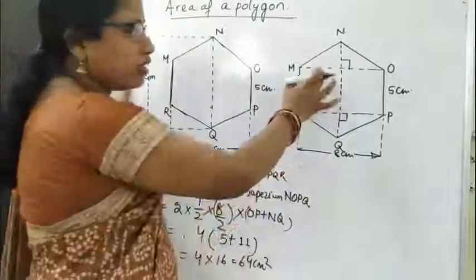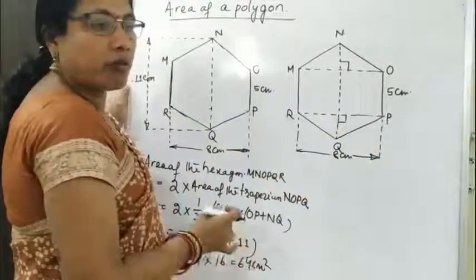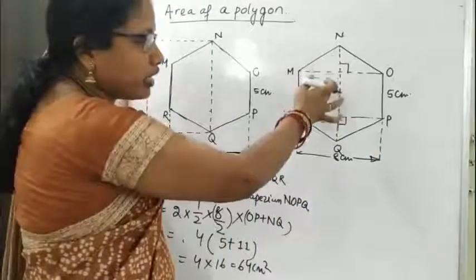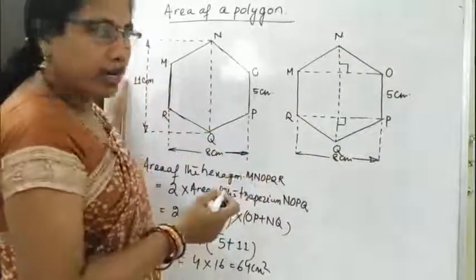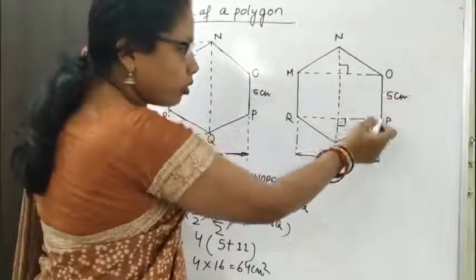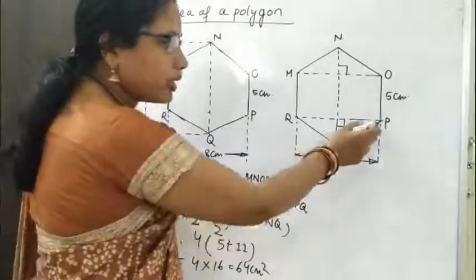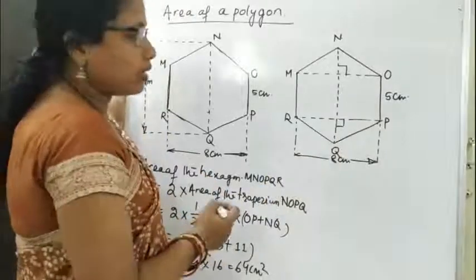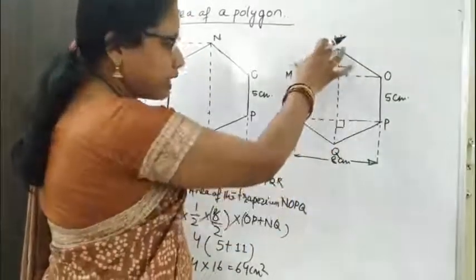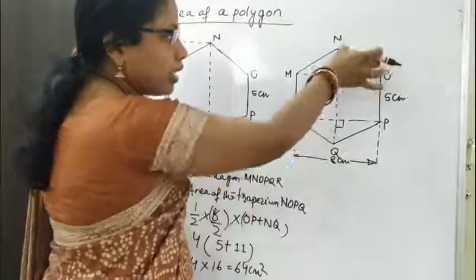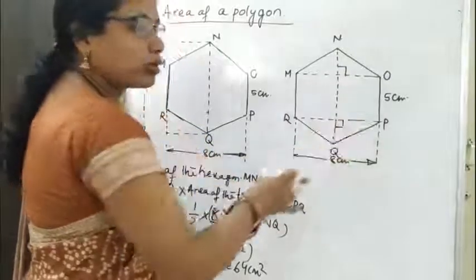Then the polygon is divided into three figures: MNO is one triangle, MOPR is a rectangle and RQP is another triangle. These two triangles are congruent because MN is equal to RQ, NO is equal to QP and MO is equal to RP.